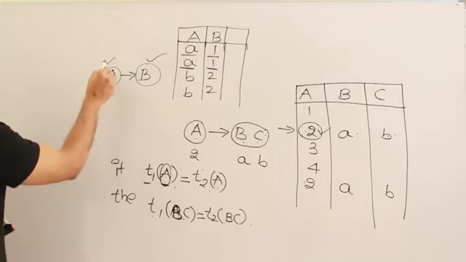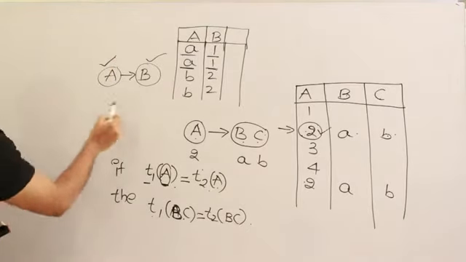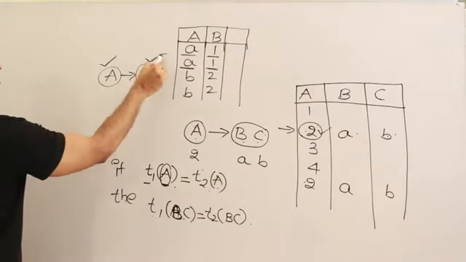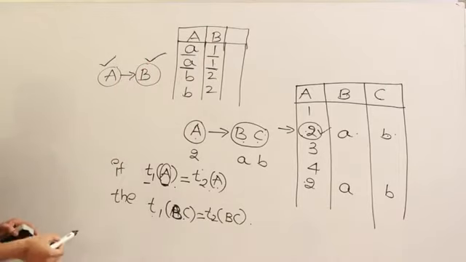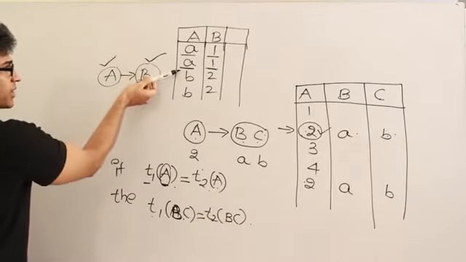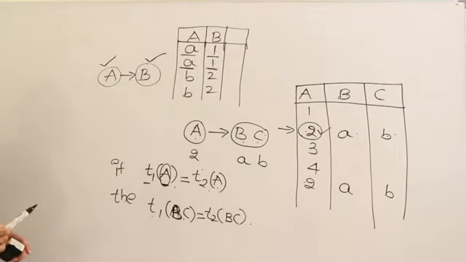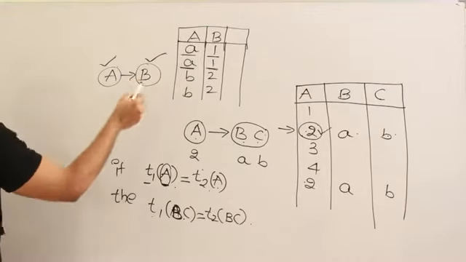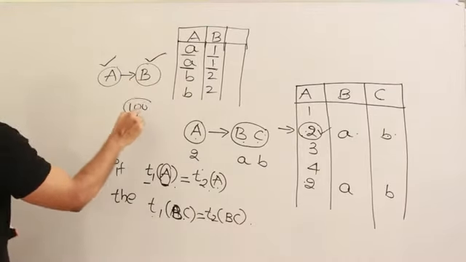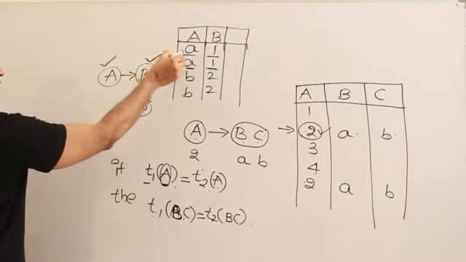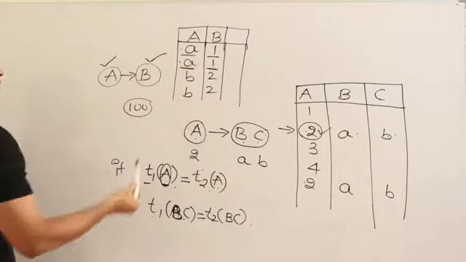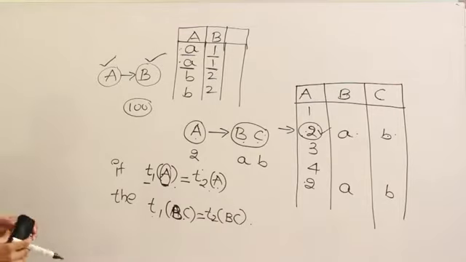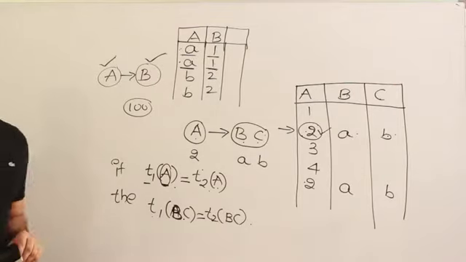We know that given the value of A, you will be able to find out the value of B. Then whenever A repeats, B is also repeating. Let us say A is repeating 100 times. Then what happens to the B value? If A is repeating small a 100 times, B is also going to repeat small b 100 times, which is completely a waste of space.